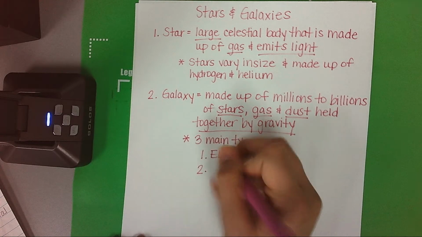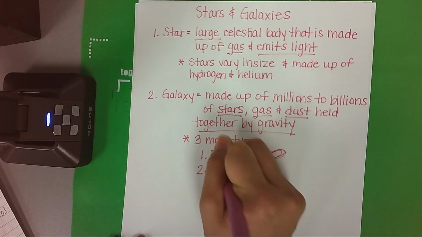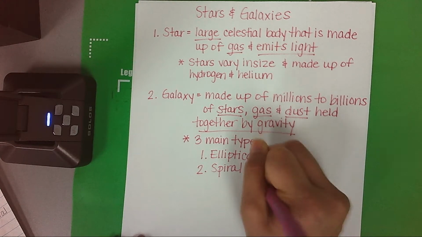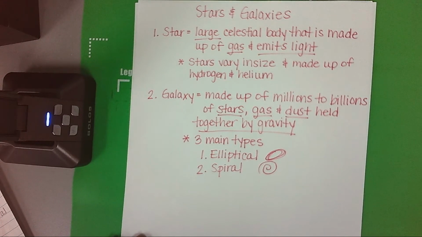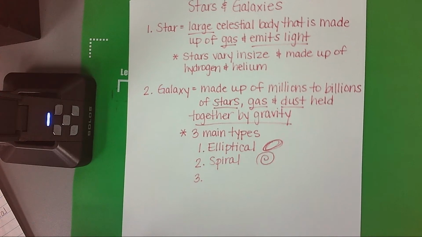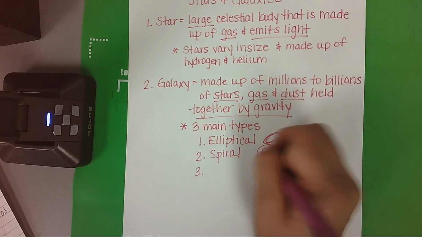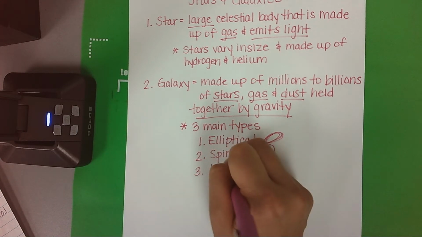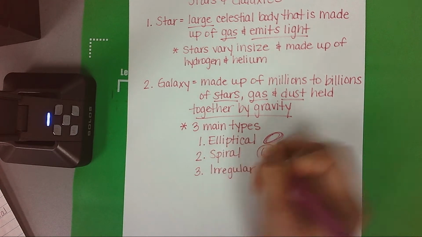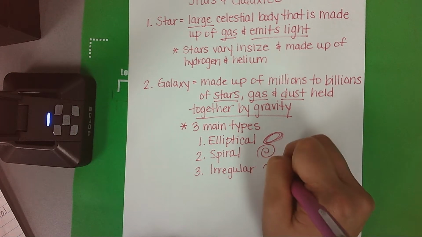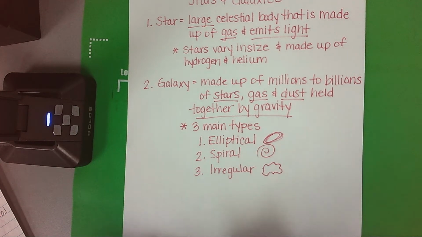Okay, then you have spiral, and it goes in a spiral. Kind of reminds me of the heart of Te Fiti in Moana. Okay, so it's going to go spiral in a circle. All right, and then you have irregular. That means it doesn't fit elliptical or spiral. It is irregular, so it just kind of looks like a glob.